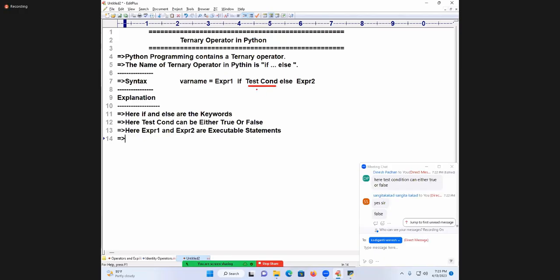Either true or false. Suppose the result is true, what will happen? PVM will take expression 1 and execute it, whose result is kept into the left side variable. If the test condition is false, it will go to expression 2, written in the else part, which will be executed, and whose result will be kept into the variable name.